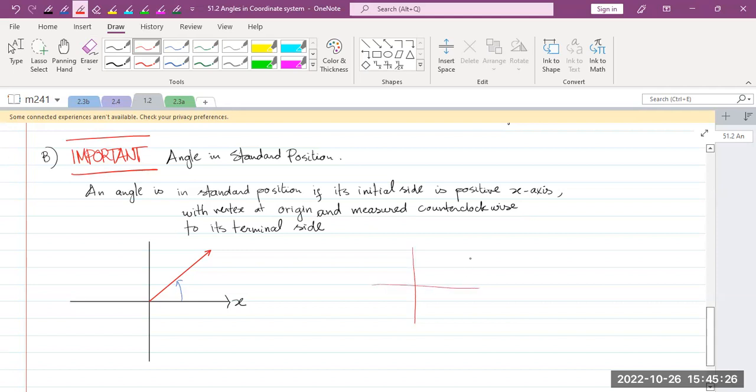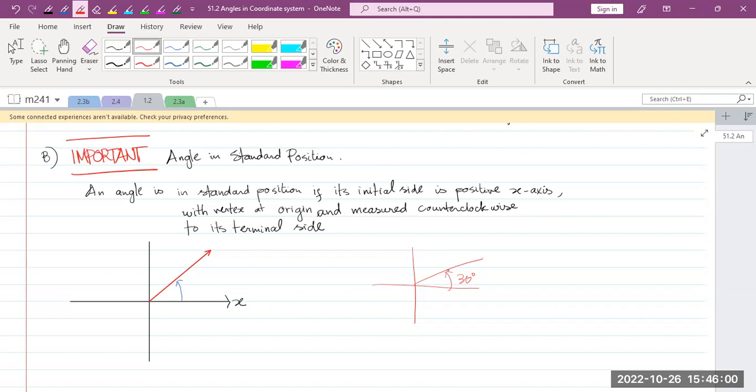Once we say 30 degrees on a coordinate system, it must be in standard position, 30 degrees like this. We don't need to say further, from the positive y-axis or from the negative x-axis. This is why this terminology becomes very important.